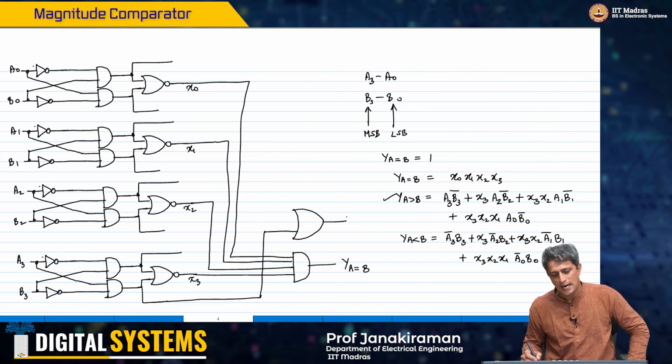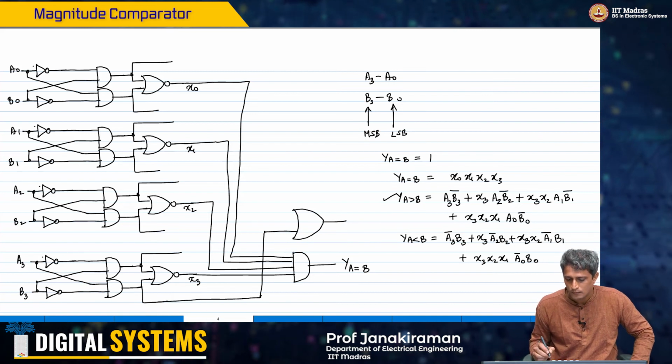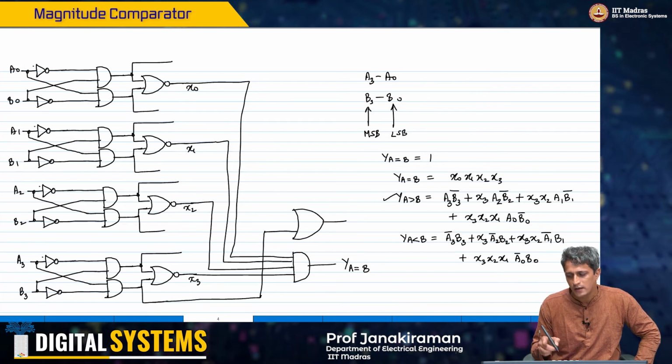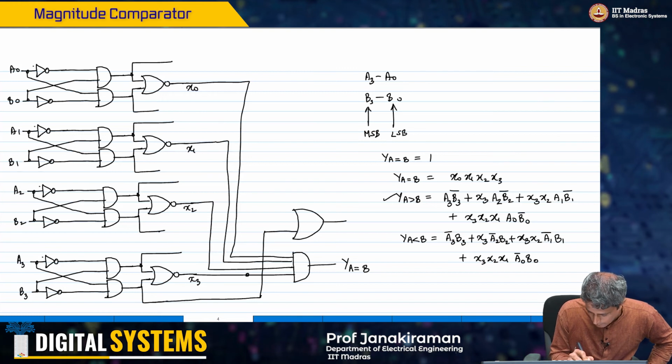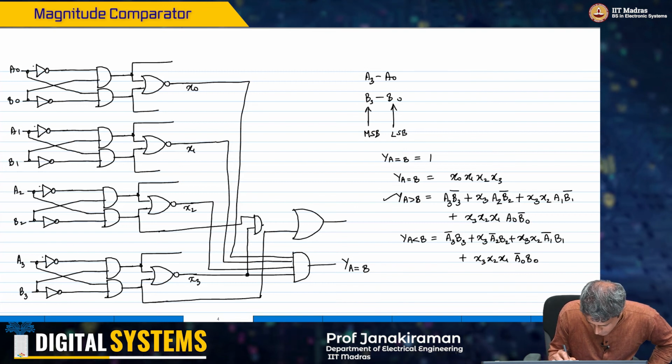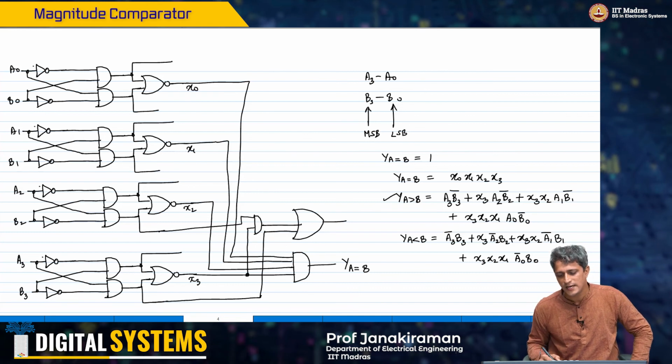Okay. And then, if x3 is 1 and A2 B2 bar, right. So, here I have to take this and this is the AND gate.